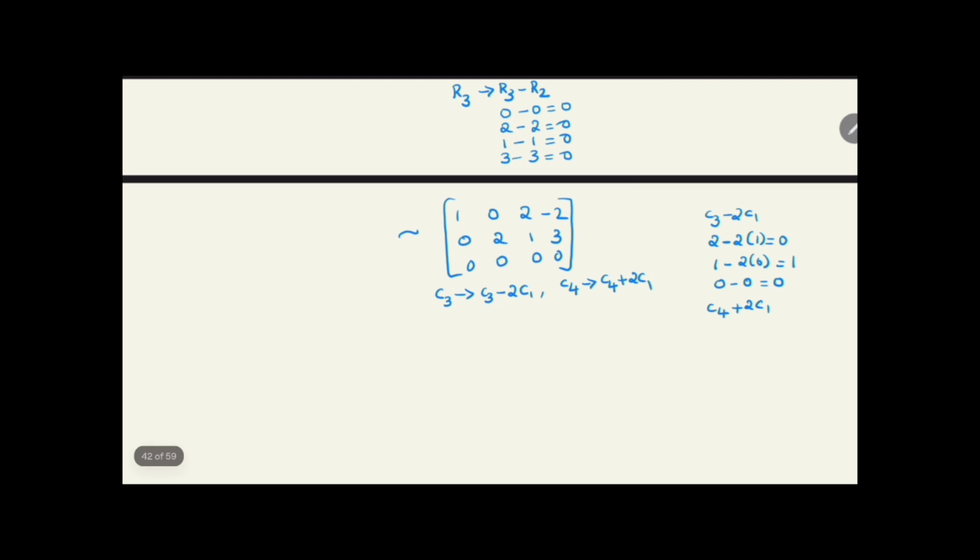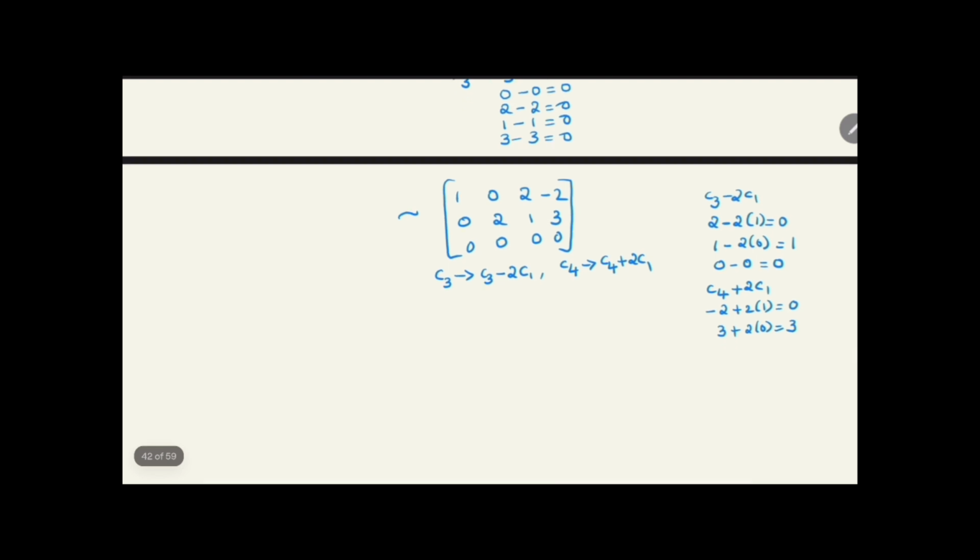The first element of column 4 is minus 2 plus 2 into 1, which is 0. The second element of column 4 is 3 plus 2 into 0, which is 3. The third element is 0 plus 2 into 0, which is 0. Now we will replace column 3 and column 4 with the new elements that we got here.